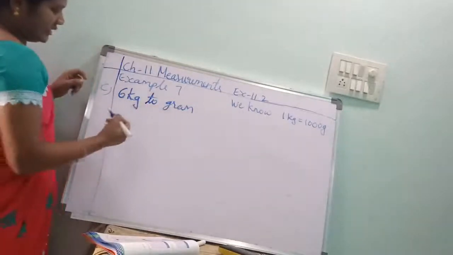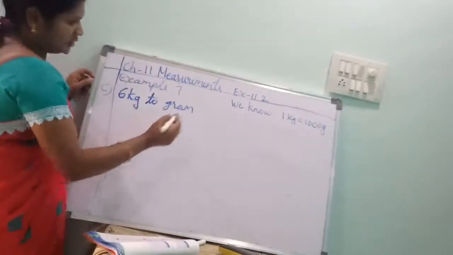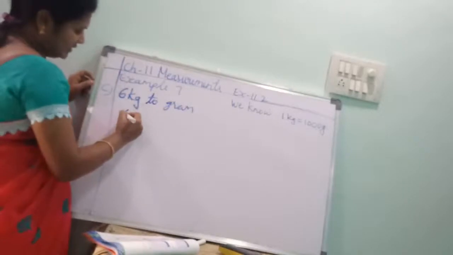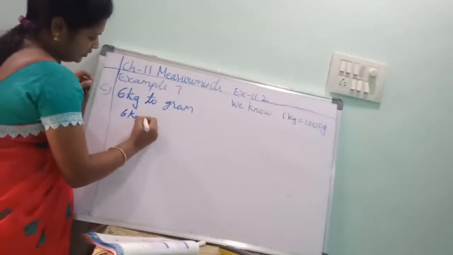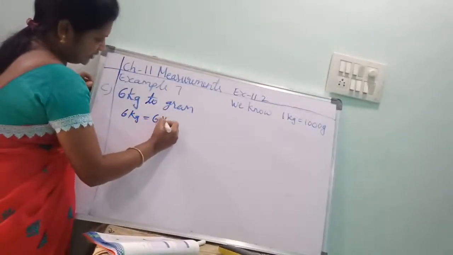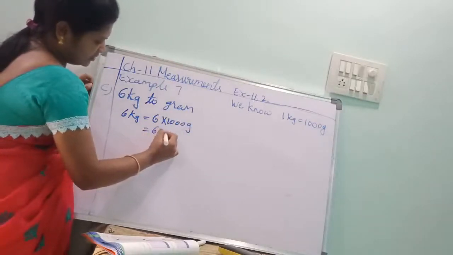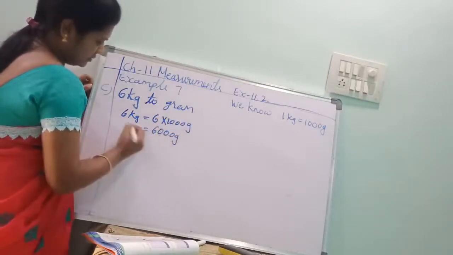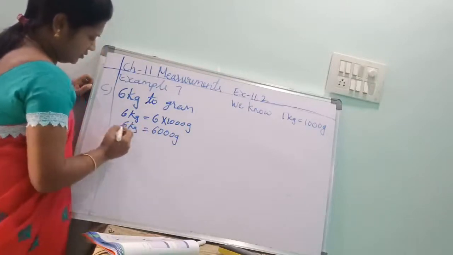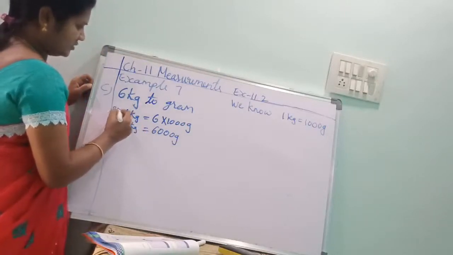Should convert into grams. 1 kg is equal to 1000 grams. So 6 kg is equal to 6 into 1000 grams. 6000 grams. 6 kg is equal to 6000 grams.